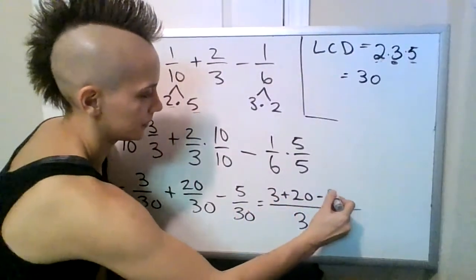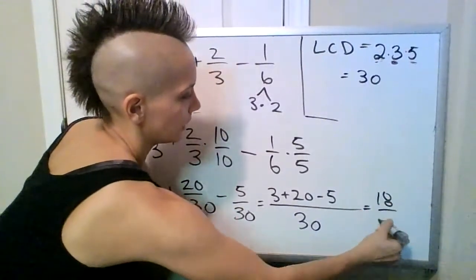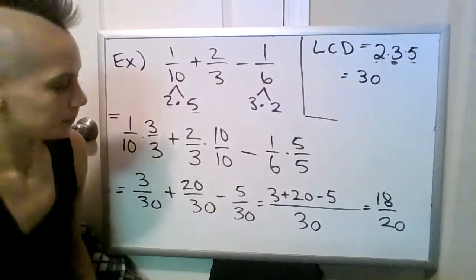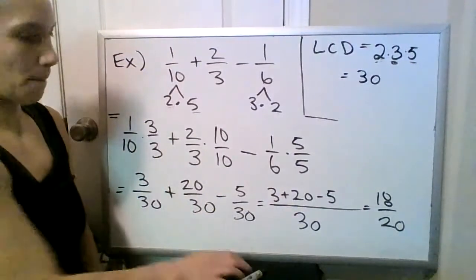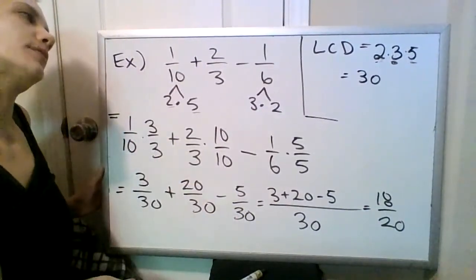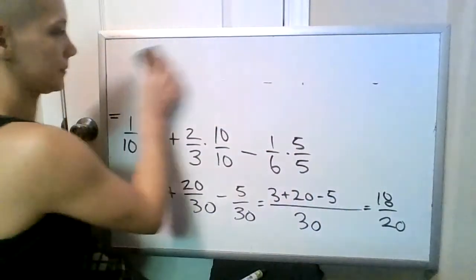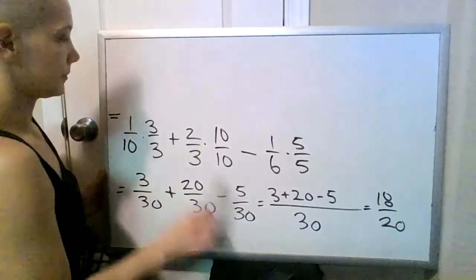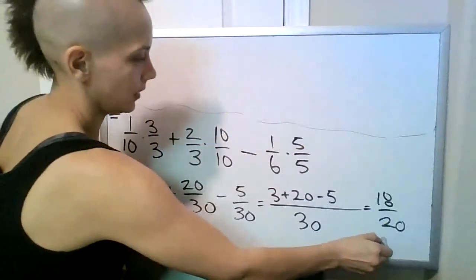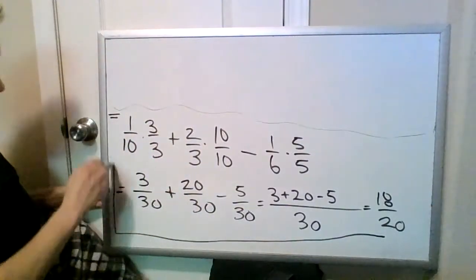18 over 20 will simplify. So we're going to continue the problem at the top of the board, over to the side.